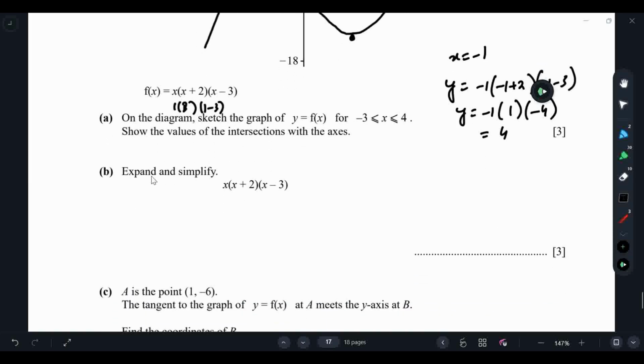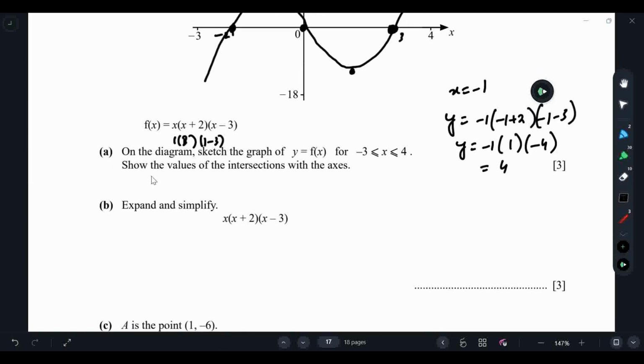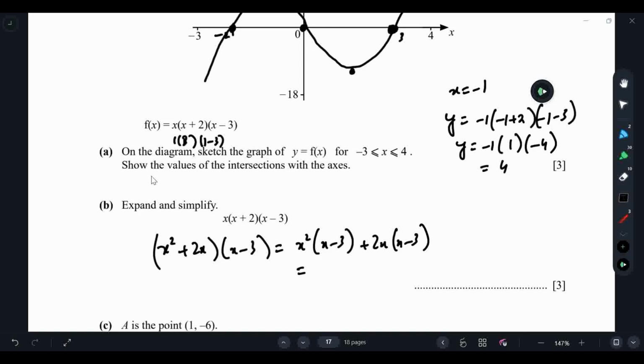Expand and simplify. Expand and simplify means this will be x square plus 2x into x minus 3, and hence we can say x square into x minus 3 plus 2x into x minus 3. So this will be x cube minus 3x square plus 2x square minus 6x.